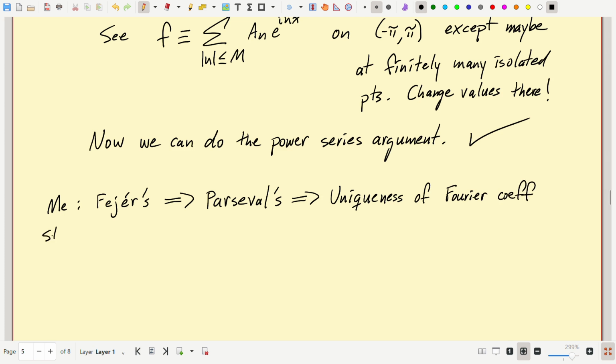Whereas Stein did Fejér's, and then he made a good kernel. So he showed Fejér's implies uniqueness of the Fourier coefficients.